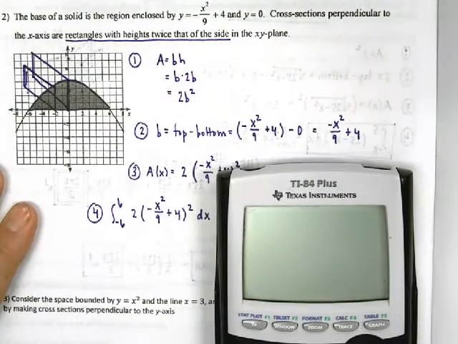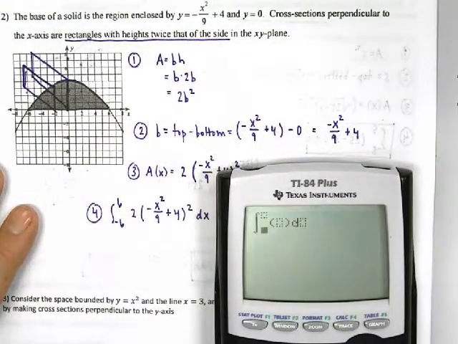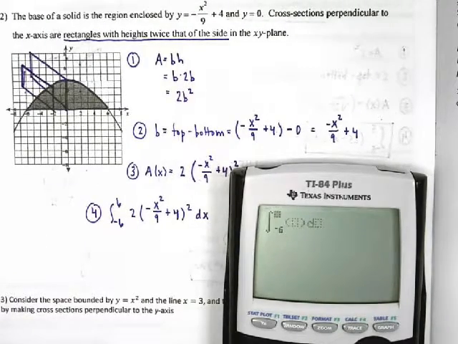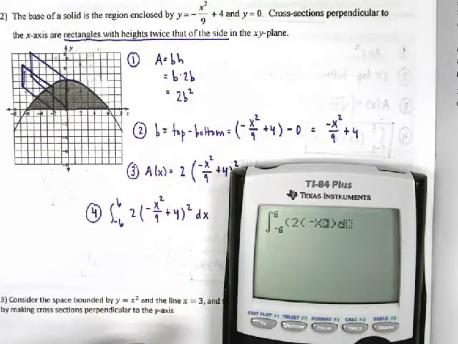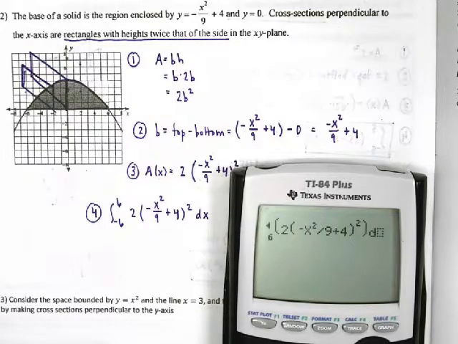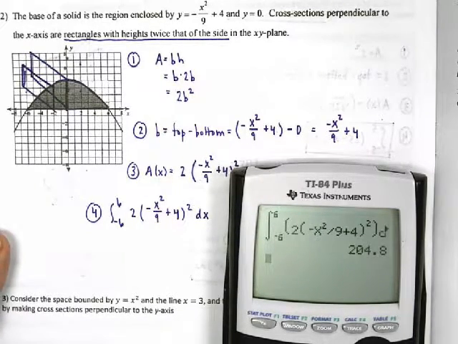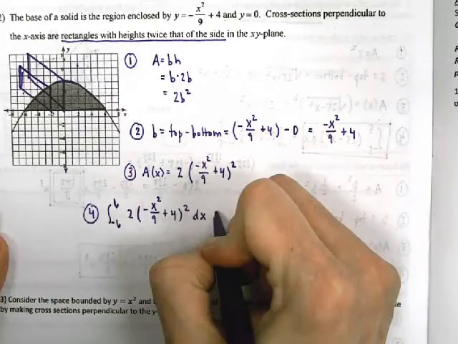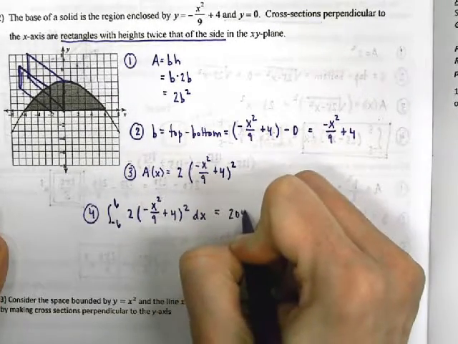So I'm going to go Math 9, negative 6 to 6, 2 times negative x squared divided by 9 plus 4. That quantity is squared, and this is with respect to x. And we get a volume of 204.8 units cubed.